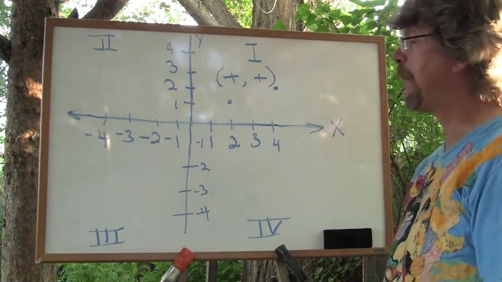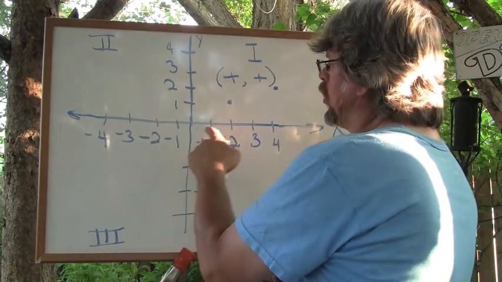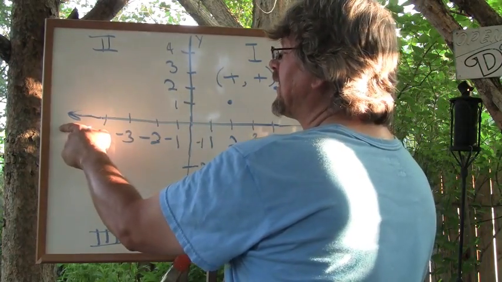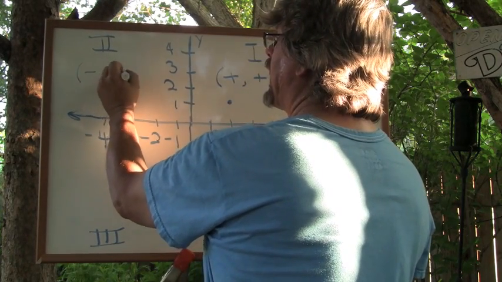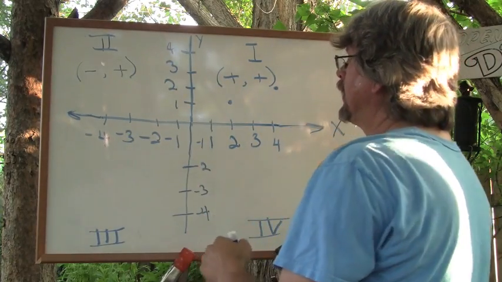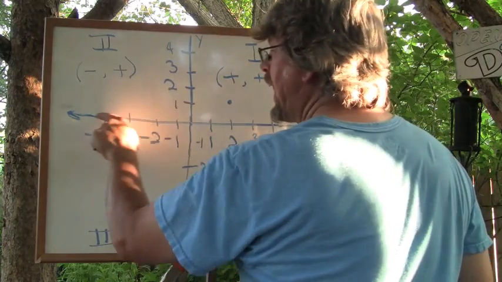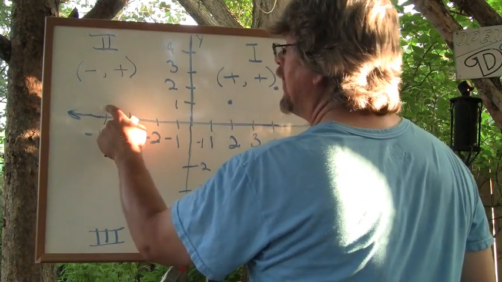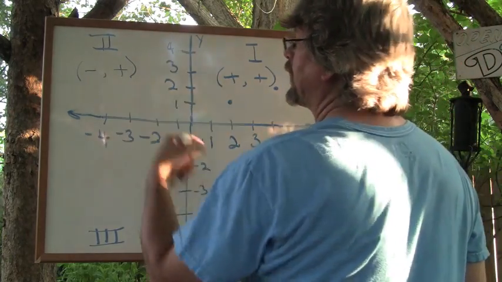It's a positive and a positive. In quadrant number 2, you have a negative x and a positive y. See that? Negative on the x, and when you come up, you're in positive y territory.